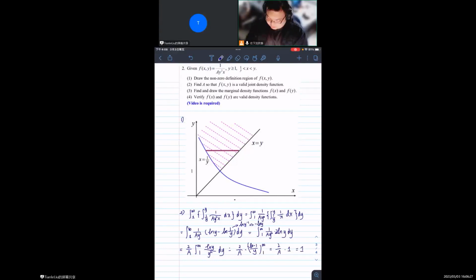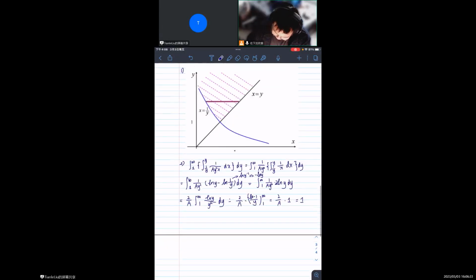Since we need to find the valid joint density function, this formula should equal 1. So we will have 2/a equals 1, so a equals 2. That's it for how we find a.